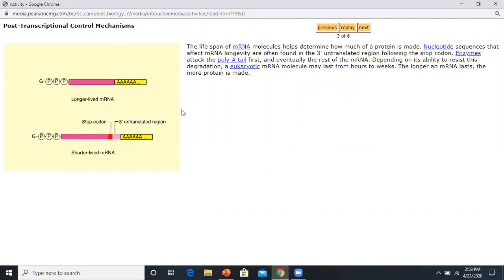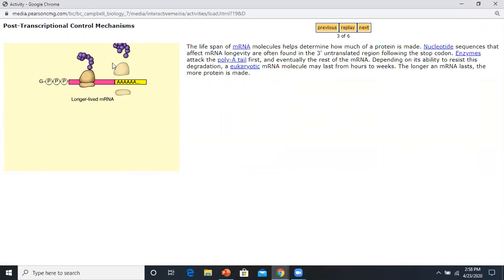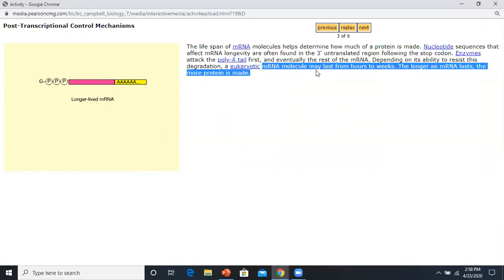It just depends on certain signals as well as enzymes that start to degrade that poly A tail, okay? So sometimes RNA can last longer than others. This is showing you that the same RNA sequence is being read again and again, so it's being translated multiple times. A eukaryotic mRNA molecule may last from hours to weeks. The longer an mRNA lasts, the more protein is made, all right? The more that mRNA sequence is read, the more of that protein.